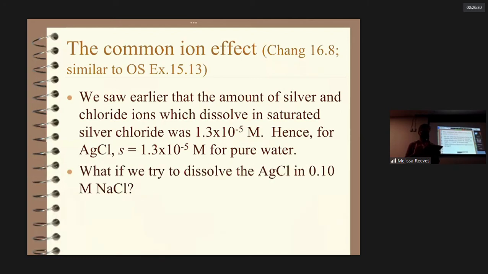But what if we tried to dissolve that silver chloride in 0.1 molar sodium chloride? Does that affect what happens? Because sodium chloride has chloride in it, and there's chloride in the silver chloride. It's kind of like the problems that we did with the buffers.